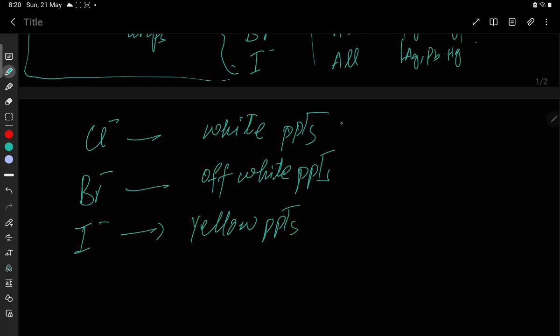To further confirm these tests, add ammonia solution. White precipitate dissolves.